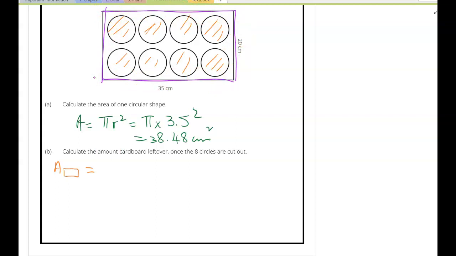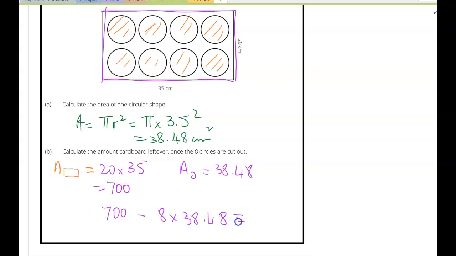Finding the area of the big rectangle and taking away the 8 circles. So we want 700 taking away 8 of those areas of those circles, and that leaves us with the area left over.